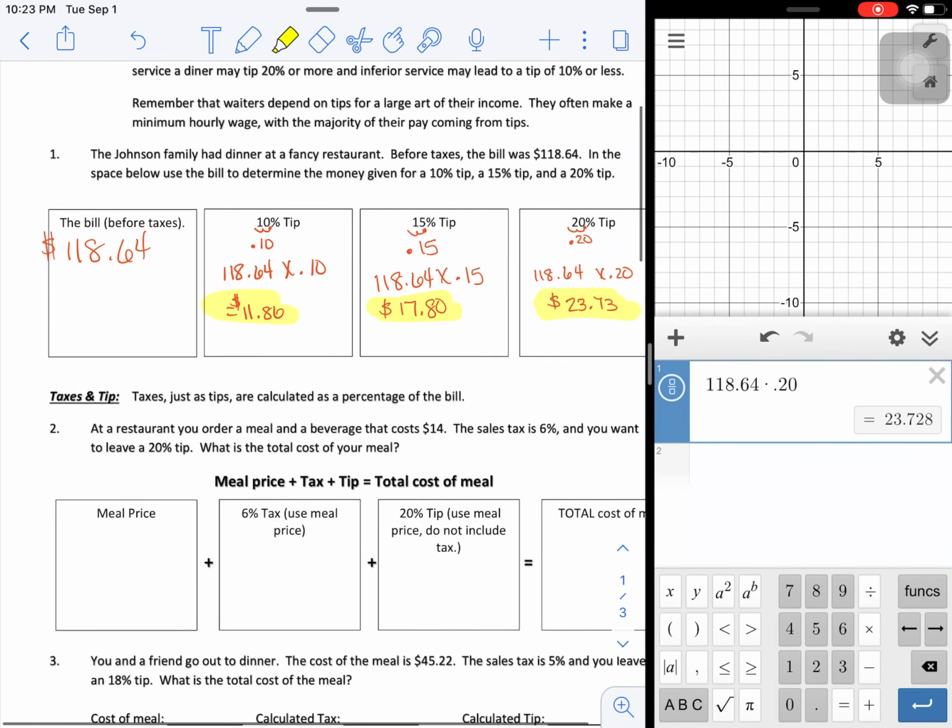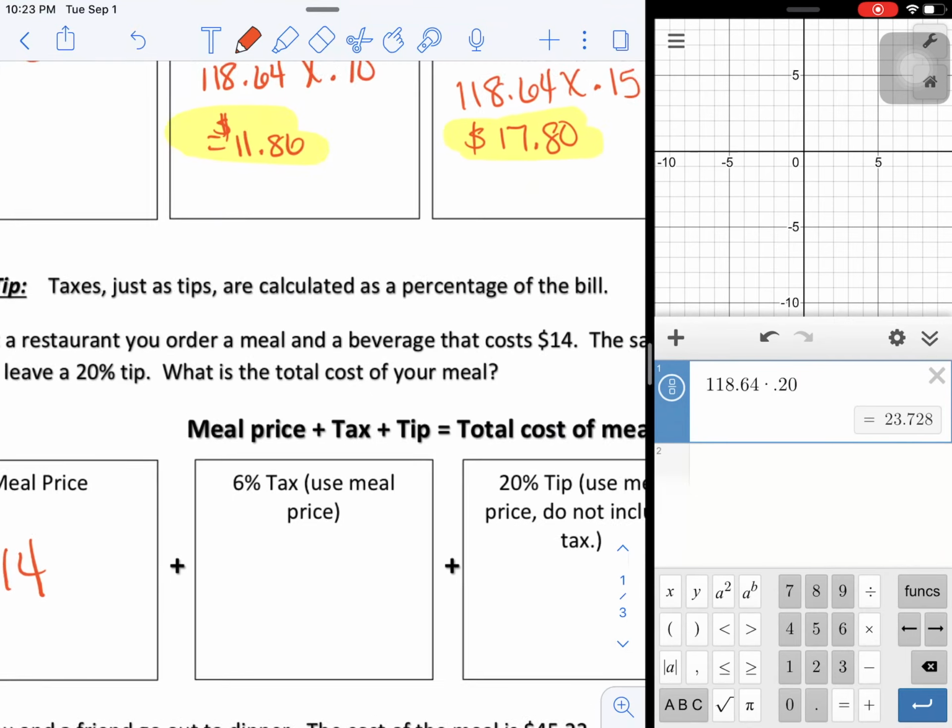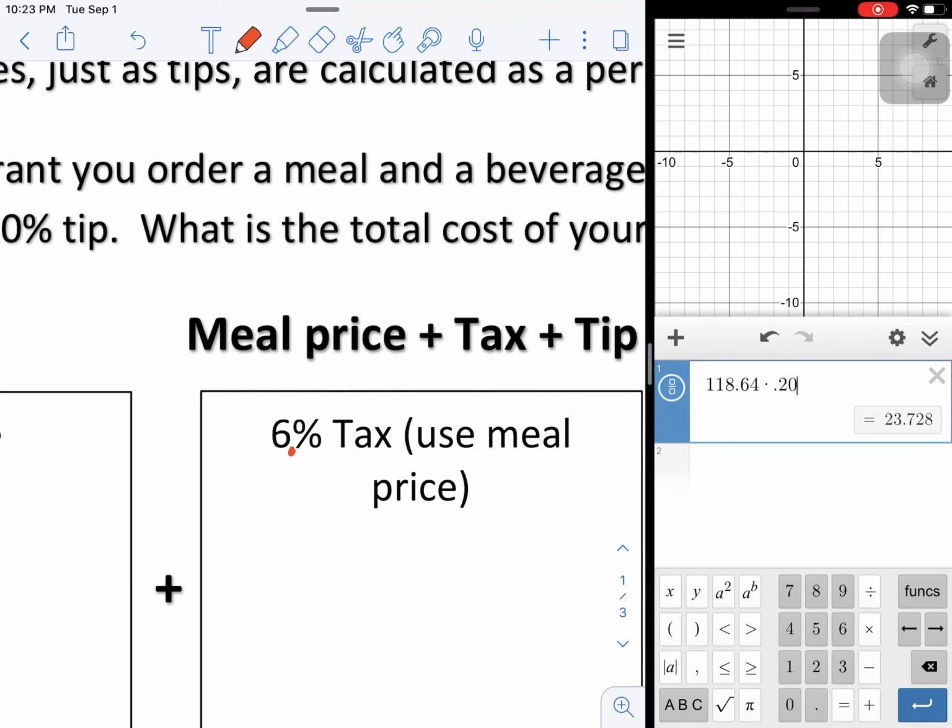So we're at a restaurant, and we're going low now. We're just buying a meal and a beverage for $14. So I'm going to go ahead and put that in the box, $14. When you calculate the next 2 boxes, you keep using the $14, okay? So when I want to calculate the tax, same thing, take the decimal and move it 2 places to the left.